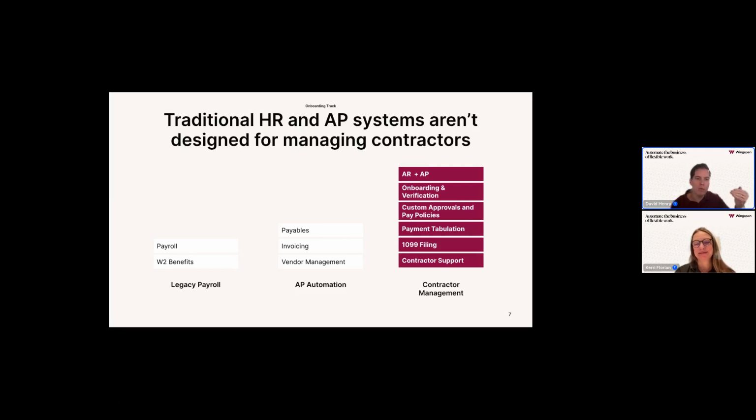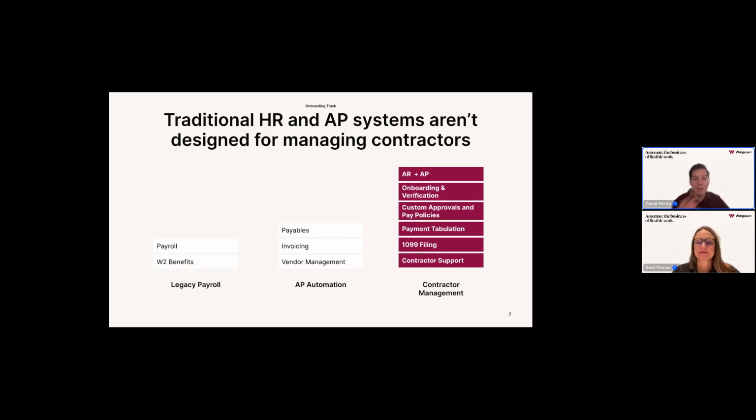And we kind of see account payable as, they do a really good job at payables and invoices and managing vendors for various kinds of supplies and business needs. Where they fall short is actually managing that contractor life cycle. So that's what we have laid out on the right-hand side for what actually rolls up into using a contingent workforce and making sure that those workers can be onboarded and verified, that you're tying invoices to payments so that it's accurate and reliable and auditable, so that you can manage different approvals and pay policies for different sets of contractors.